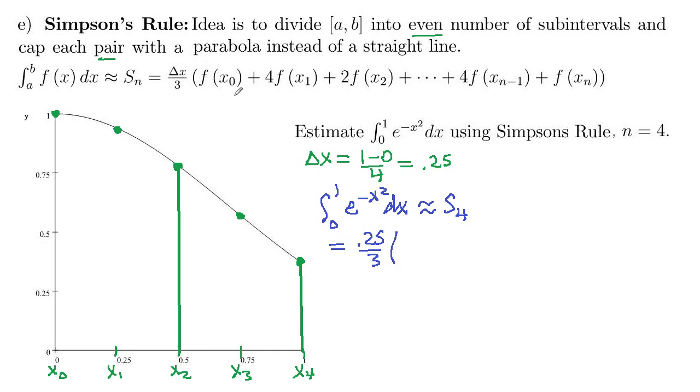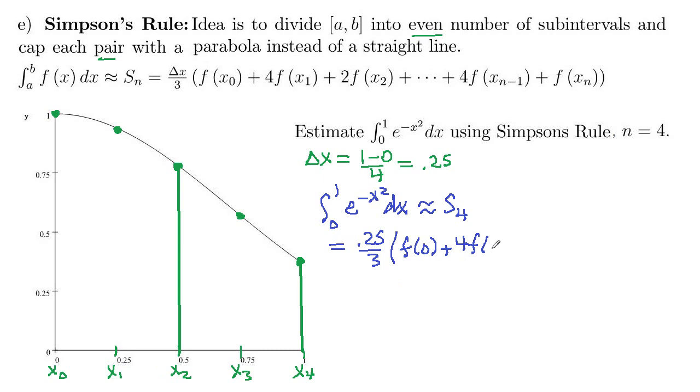First function value has no multiplier, so f at 0. And there are going to be 1, 2, 3, 4, 5 function values. So the ones in the middle alternate with a 4, 2, 4 pattern, and then the last one has no multiplier.